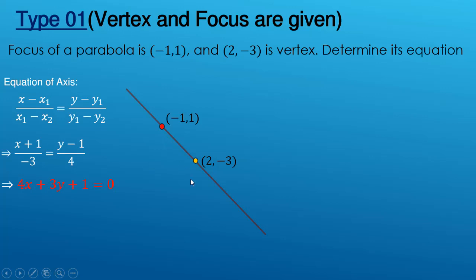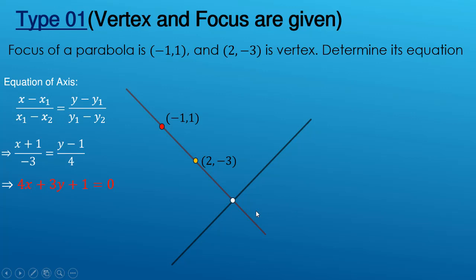Okay, now we need to determine the coordinate of the intersecting point of axis and directrix. One thing you remember, directrix is always perpendicular to our axis.